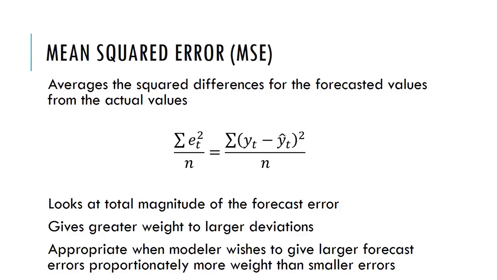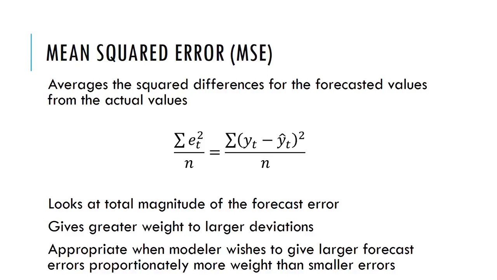And then we have the mean squared error as the third metric. It averages the squared differences of the forecasted values from the actual. So it takes the error terms, squares them, adds all those squares up, and then divides by how many we have. This looks at the total magnitude, and because we're squaring it, it gives greater weight to larger deviations. When you take a number that's larger than 1 and square it, the number gets big pretty quick.